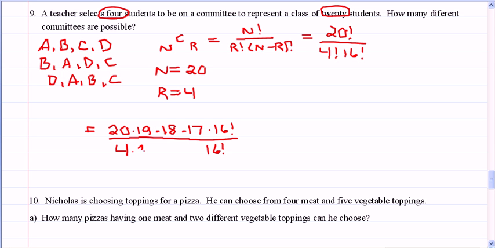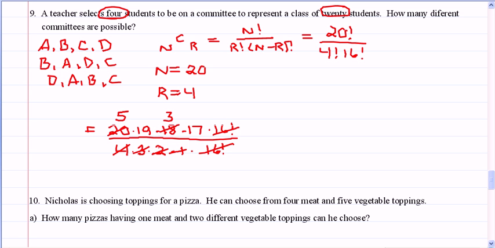The smaller number is 4, so that's the one that I expand. The 16's cancel, and then I have 3 times 2 times 1 is 6, which cancels with the 18 to make it a 3. The 4 cancels with the 20 to make it a 5.